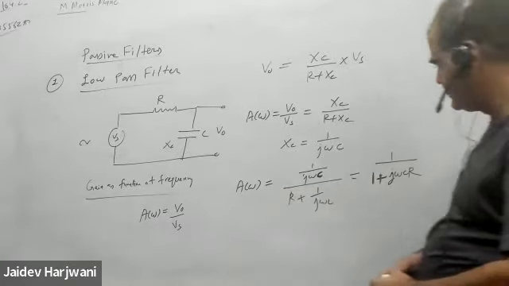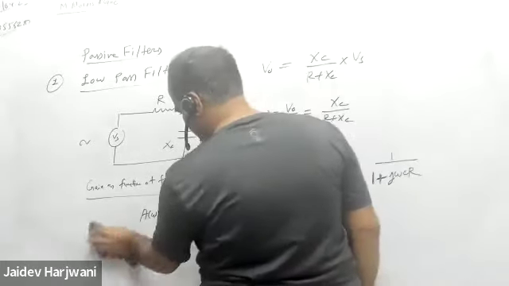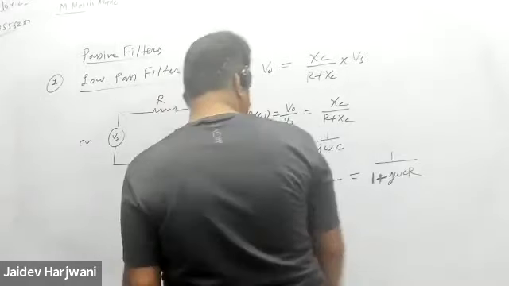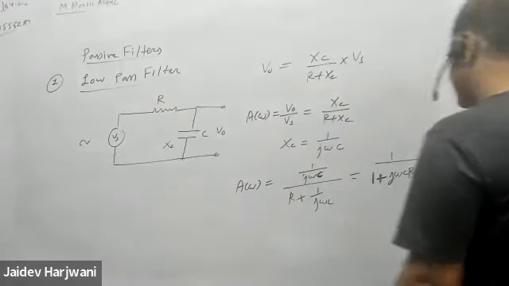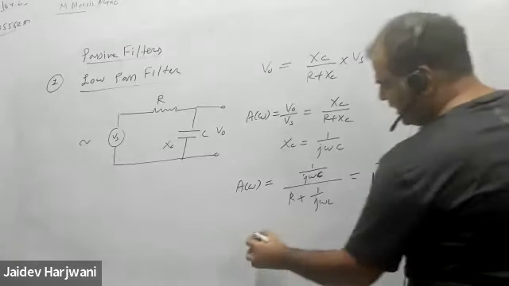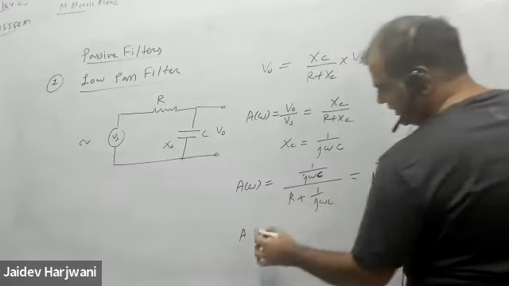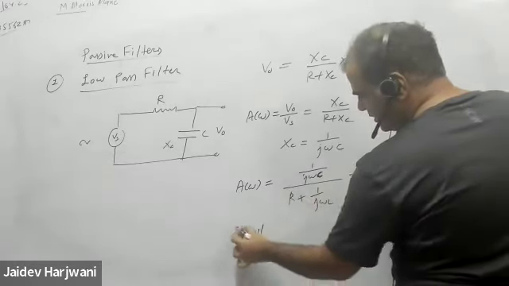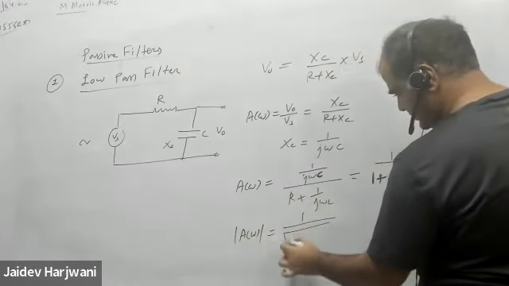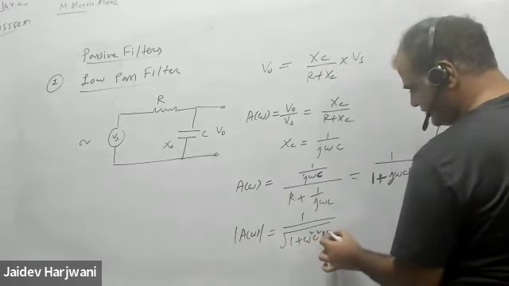Now let me write it another way. If I write the magnitude of this gain, this is a complex number, so the magnitude will be 1 over the square root of 1 plus omega square c square R square.